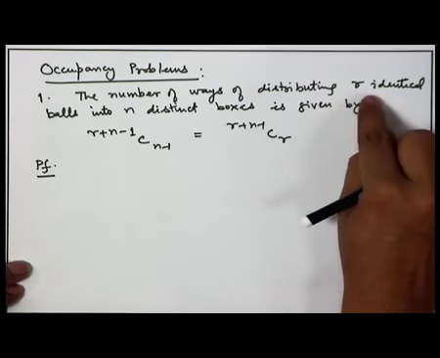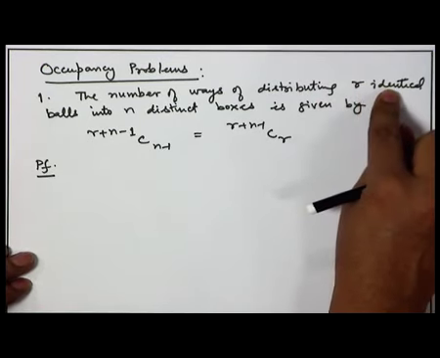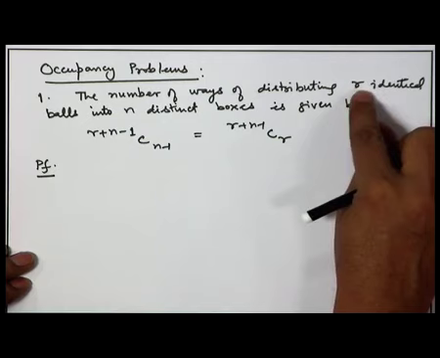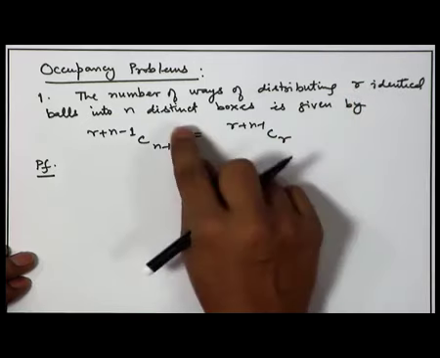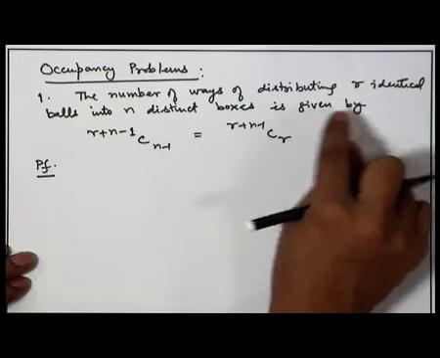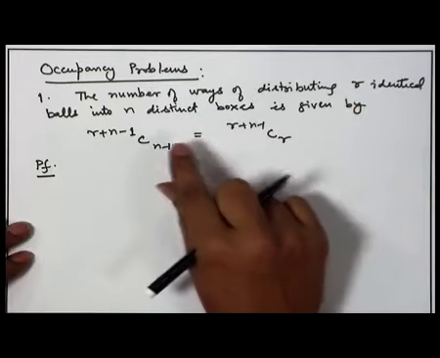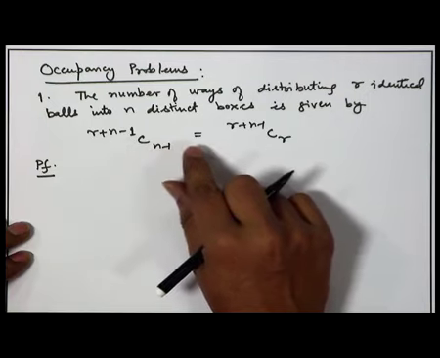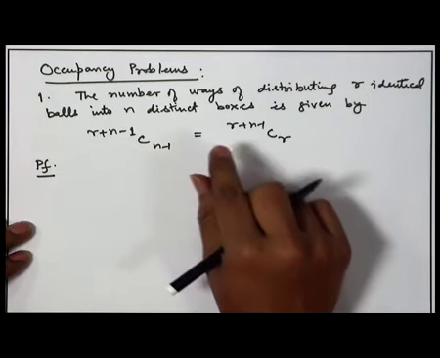Let me specify the problem. As I mentioned, you can have r identical objects, which we can call r identical balls, and they have to be placed in n distinct cells or distinct boxes. So, this number is given by r plus n minus 1 choose n minus 1.